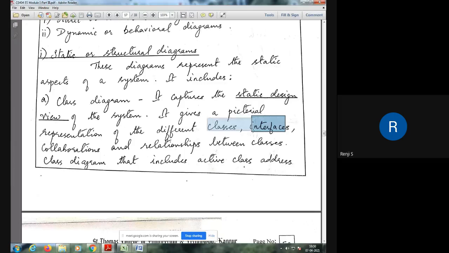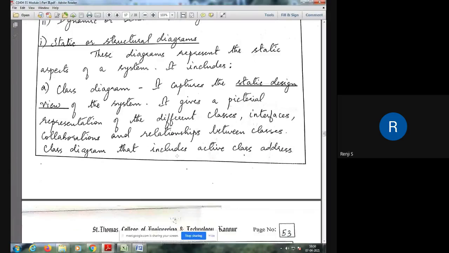We have discussed that classes, interfaces, and collaborations are the things in UML. And the relationships connecting these classes, we represent with different relationships, which have already been discussed. So to represent the classes, interfaces, collaborations, and the relationships among them, we use the class diagram.